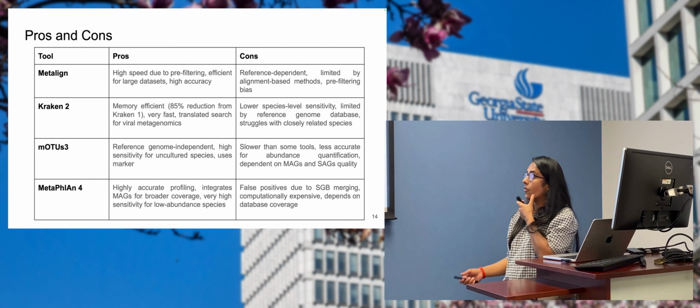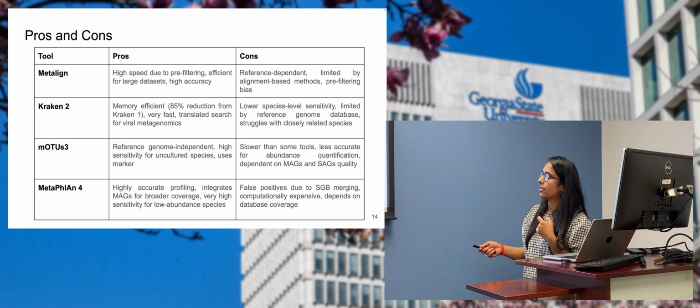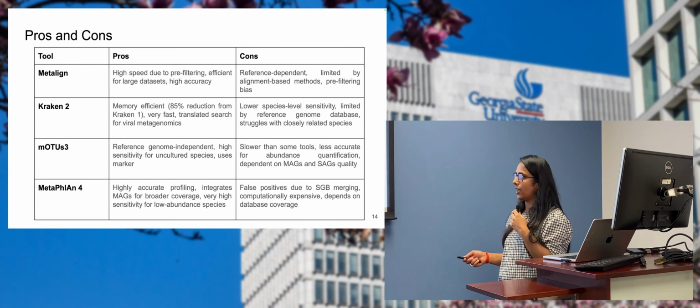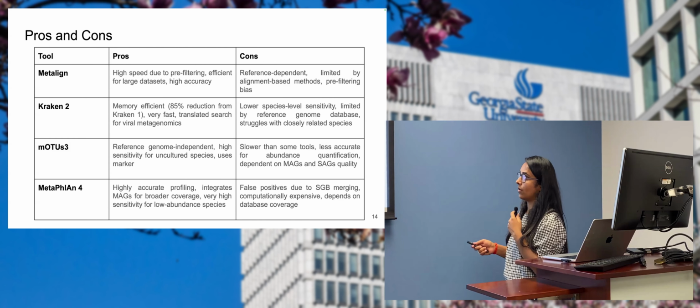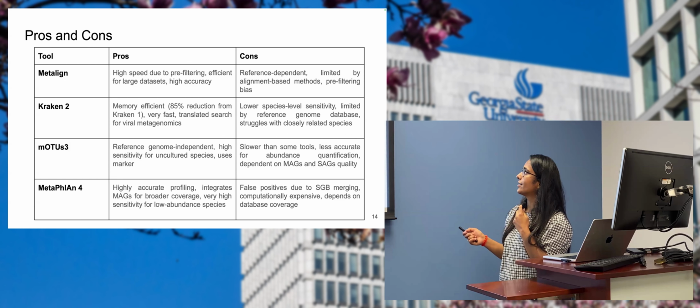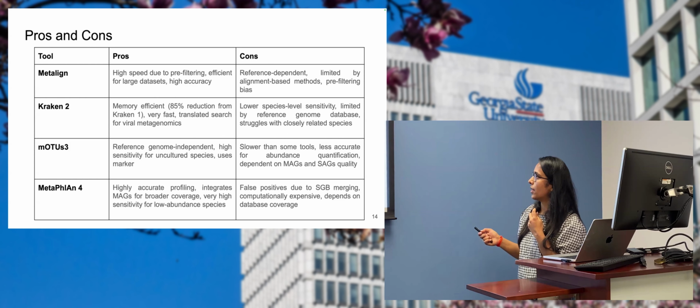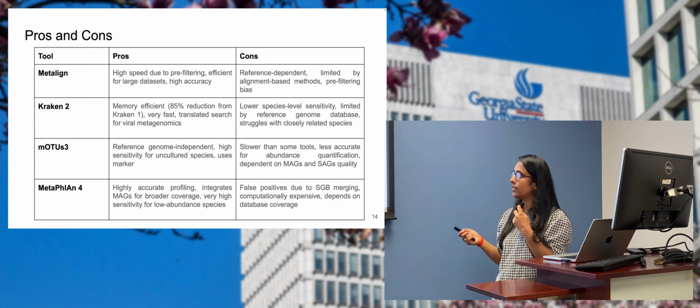Here are the pros and cons of MetaAlign, Kraken 2, Motus 3, and MetaPhlAn 4. MetaAlign has very high speed and pre-filtering, and it can be used on large data sets with high accuracy, but it depends on the reference genome and is limited by alignment-based methods and pre-filtering bias.